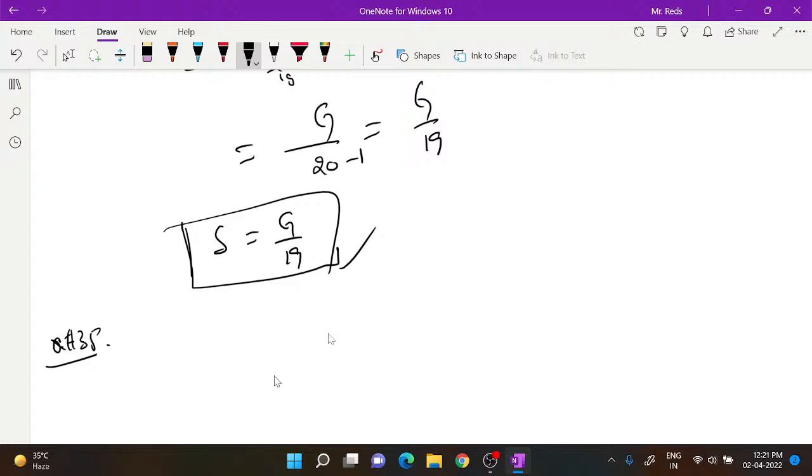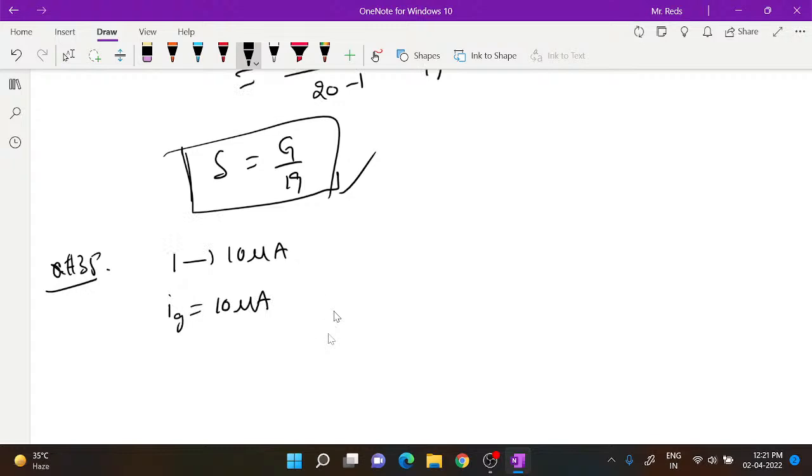What is given here? A galvanometer requires 10 microamps for one division of its scale. For one division, 10 microamps it requires. So what does this galvanometer require? It means Ig is equal to 10 microamps for one division.